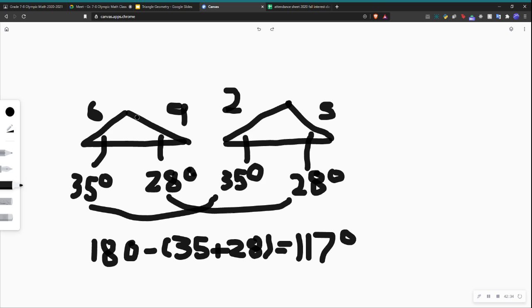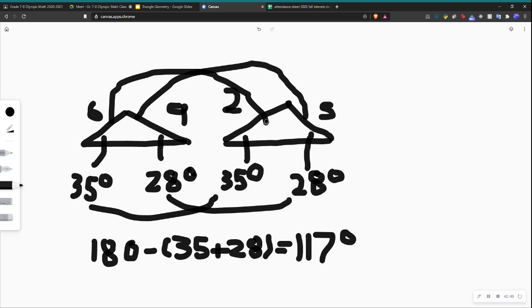Now to find which sides correspond to each other. Here we would have 9. So the side length of 9 corresponds to the side length of S. Here we would have the side length of 6 corresponding to the side length of 2 right here. It's a little bit messy. This corresponds to that, this corresponds to that.